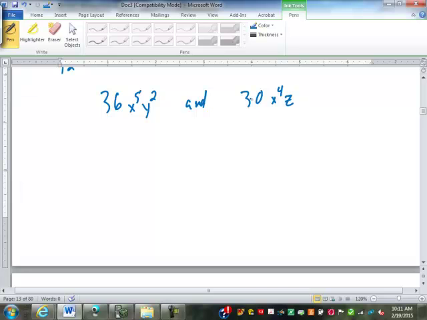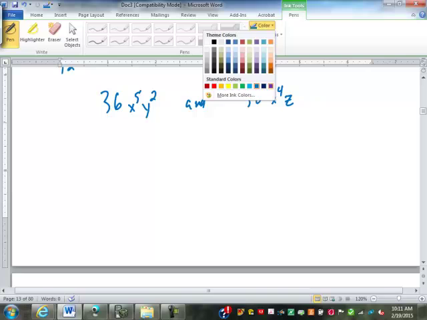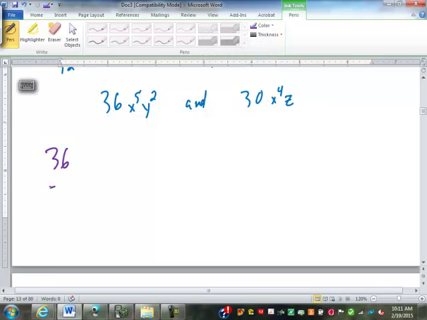I'm going to do the 36 and the 30 and find the least common multiple for those numbers first. So 36 and 30. 36 is 2 times 2 times 3 times 3. Are you okay doing the factor tree to get the factors? Okay. 30 then is 2 times 3 times 5.